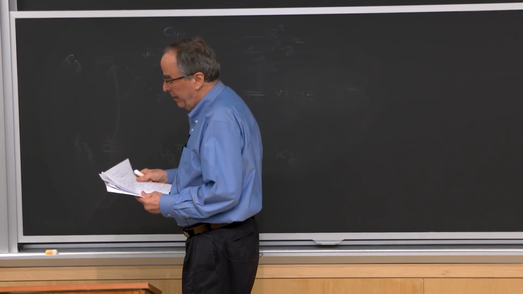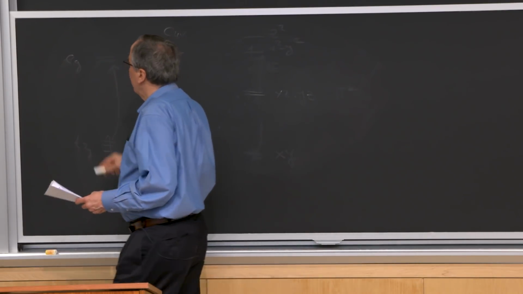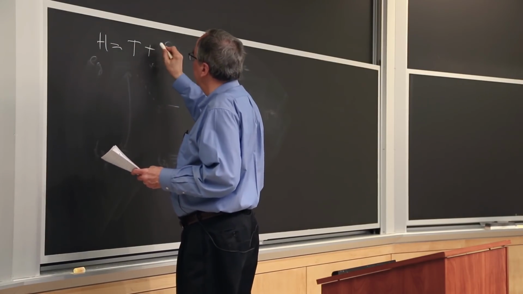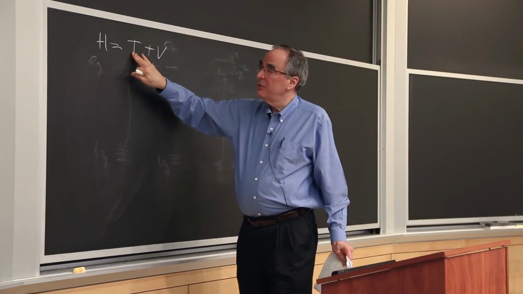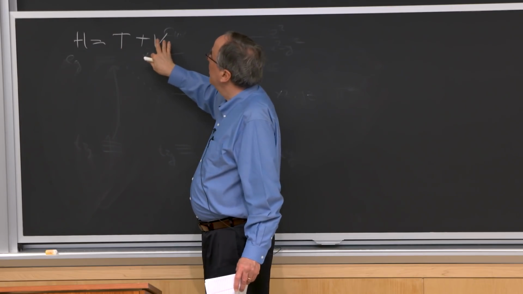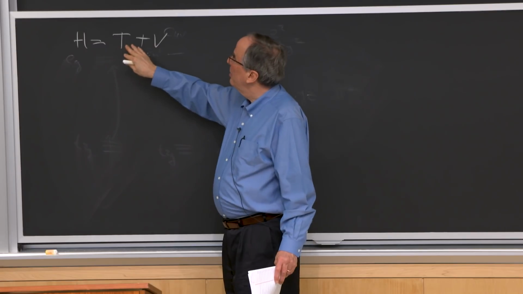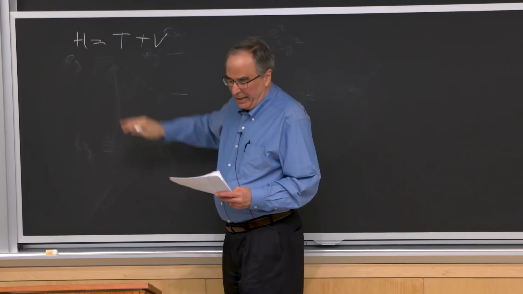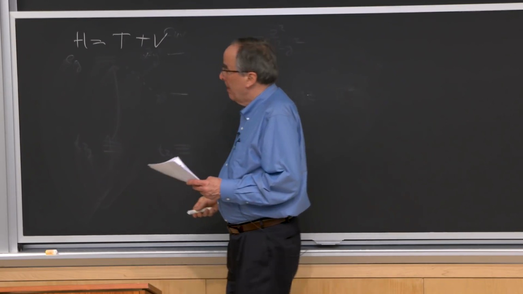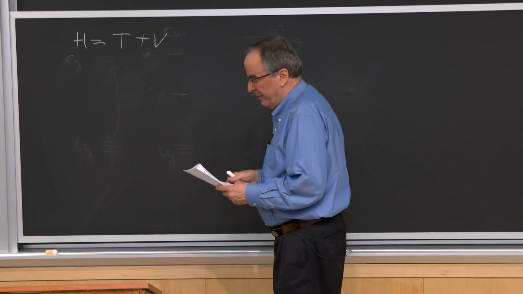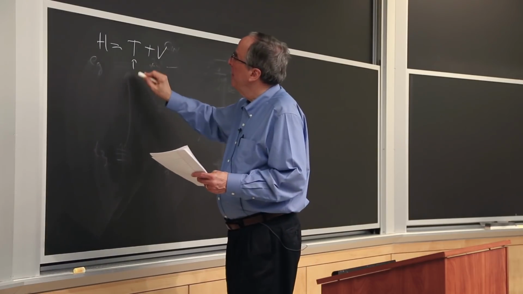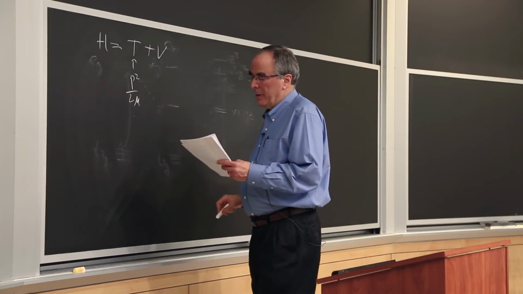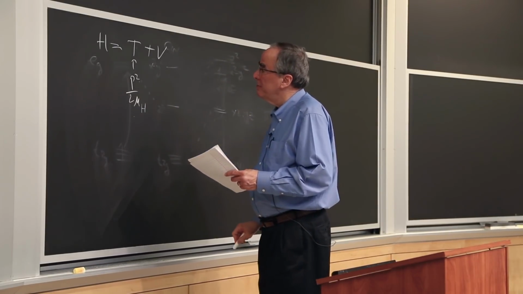I have to write some big equations. So the Hamiltonian is kinetic energy plus potential energy, and the kinetic energy was, I'm sorry, for the rigid rotor, V was 0, right? And everything was in the kinetic energy. Well, it's not quite true. And so for the hydrogen atom, we know this is p squared over 2 mu, and mu for the hydrogen atom is the reduced mass.